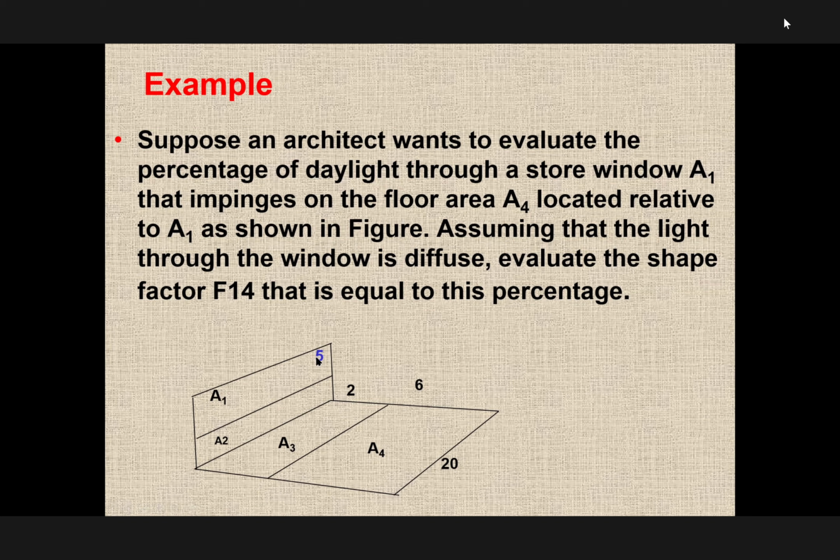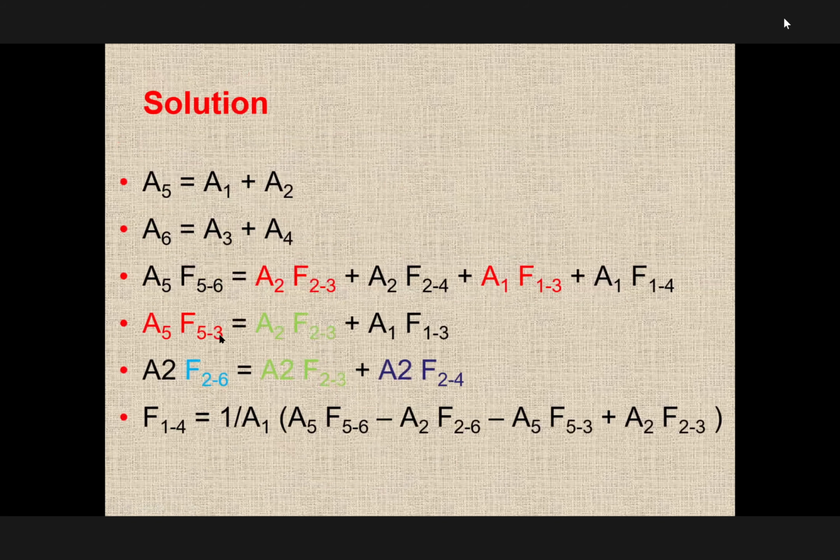Shape factor of 5 to 3, F5,3 times area 5, equals area 1 times shape factor 1 to 3 plus area 2 times shape factor 2 to 3. That's exactly what we wrote here.